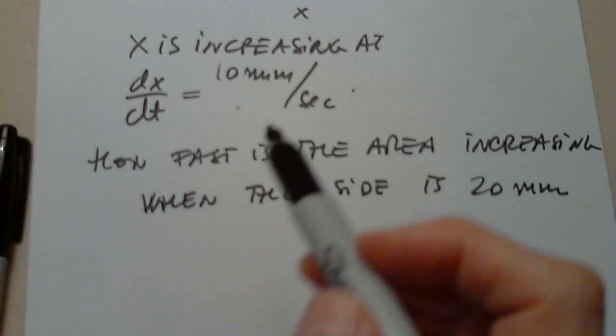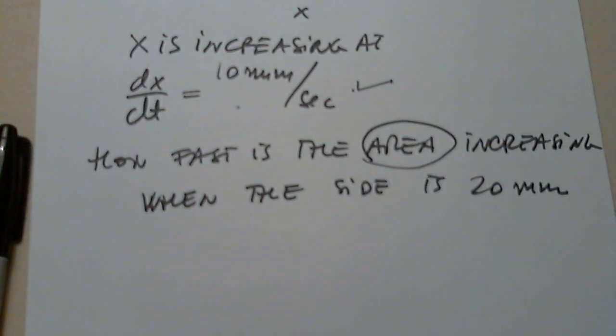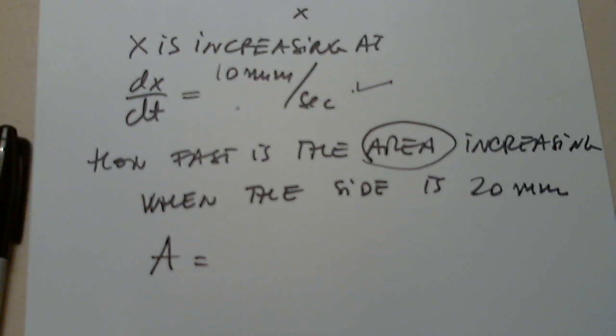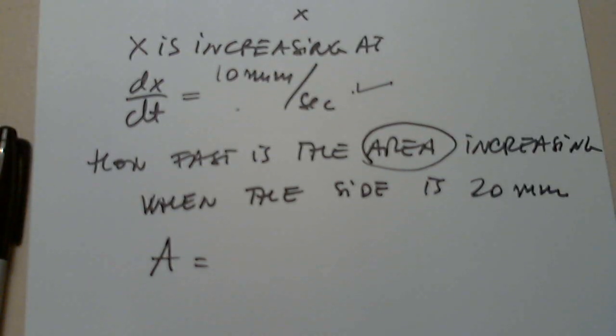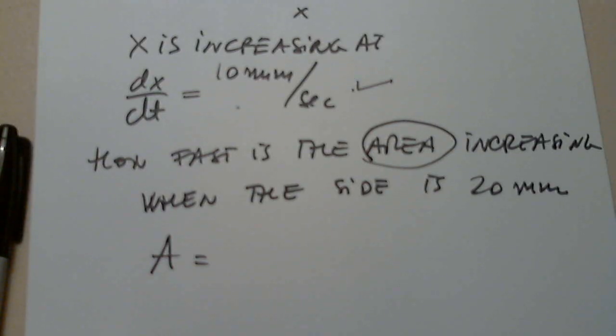Excellent. So I established that, and now I have to come up with a function that represents the area of the square. And I have to remember the formula for the area of a square. Pi r squared.